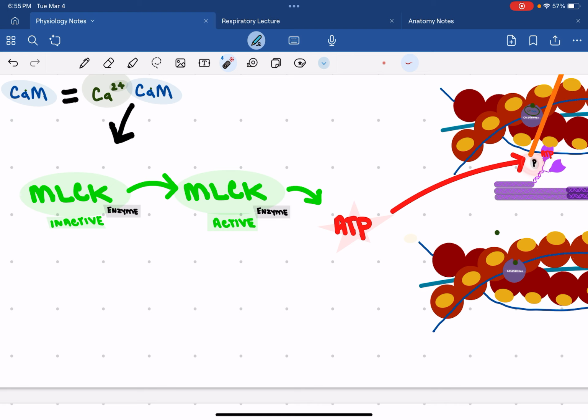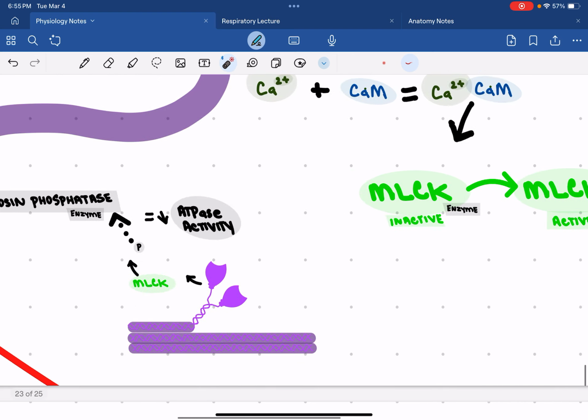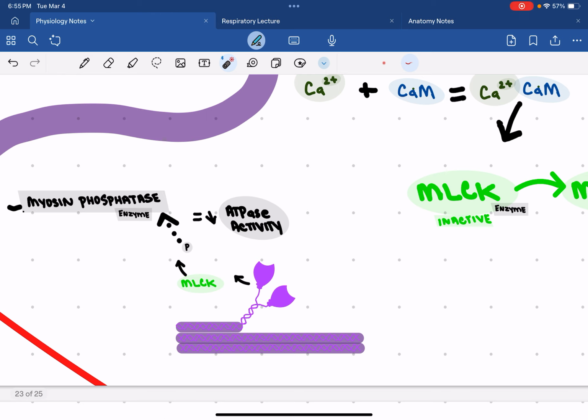It leaves the inorganic phosphate, goes off as ADP. Well, the myosin phosphatase will come and just take the inorganic phosphate. We'll take it away from the myosin head, and it will actually give it back to ADP floating around to turn it into ATP ready to use. But it's not being used.